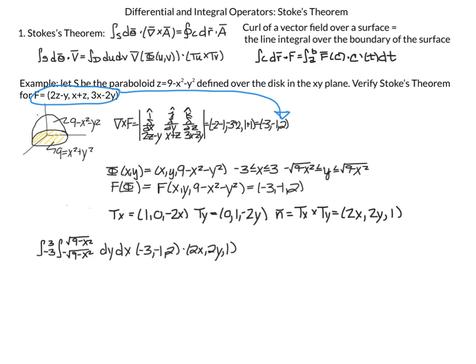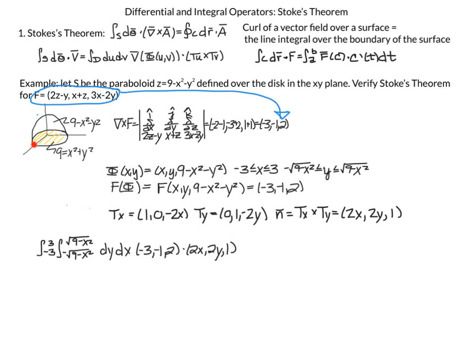And now we are ready to plug in to our surface integral formula. And our surface integral, again, is over a domain, so it's a double integral. Our domain here is where our surface, our paraboloid, intersects the xy plane. So it's the circle of radius 3. So our x-coordinate goes between -3 and 3.